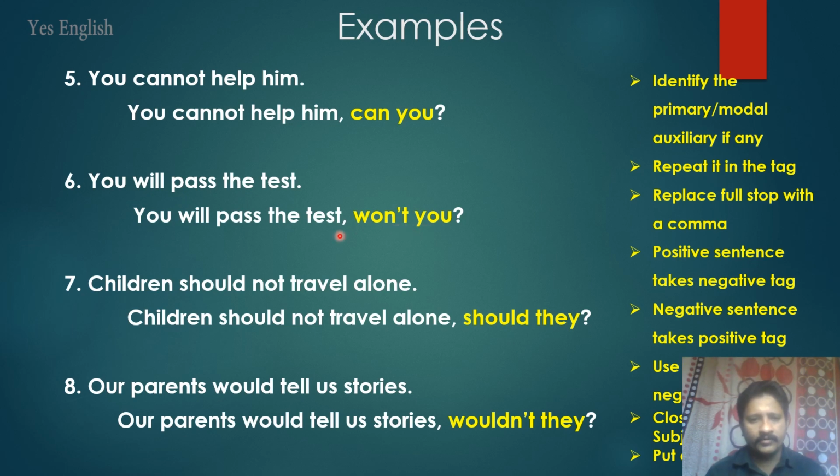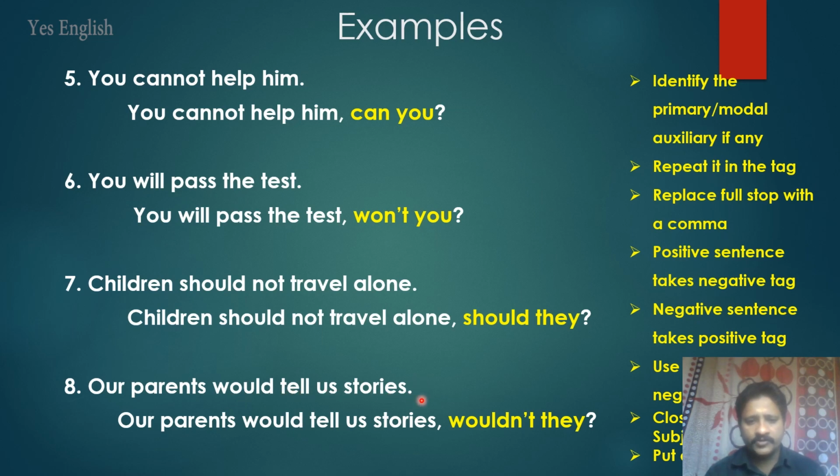Won't you. And number 7, children should not travel alone. Should is the modal auxiliary, which is repeated here, and the sentence is a negative sentence, so the tag is positive. And instead of children, we use they, as this is what I call a pronoun. And number 8, our parents will tell us stories.